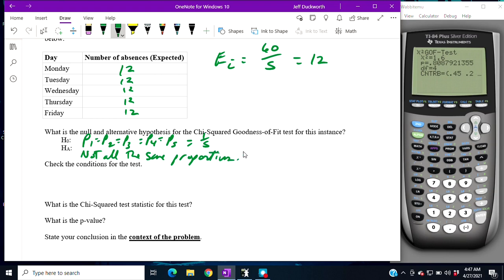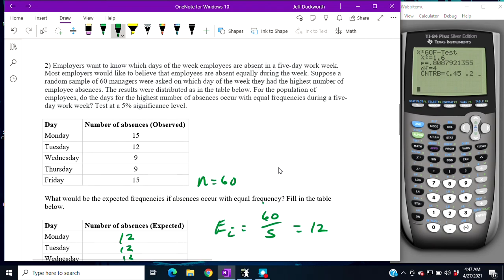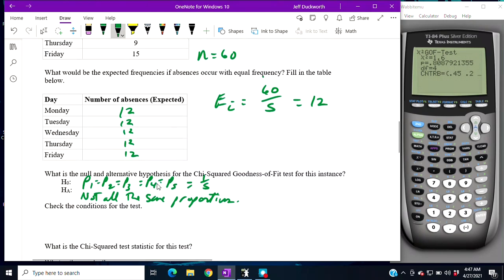If you want to write something along the lines of what's written here about the number of absences, you can say the number of absences doesn't differ by the day for the null, and the alternative is that at least one of the days differs from the others. Something along those lines would work as well.